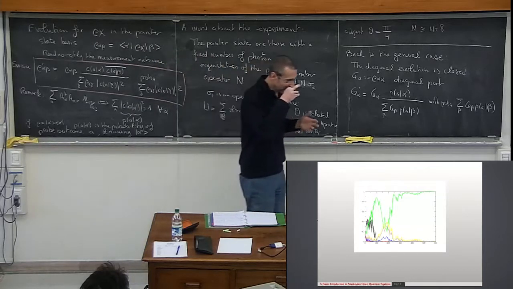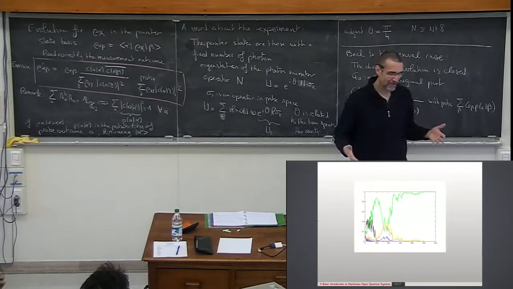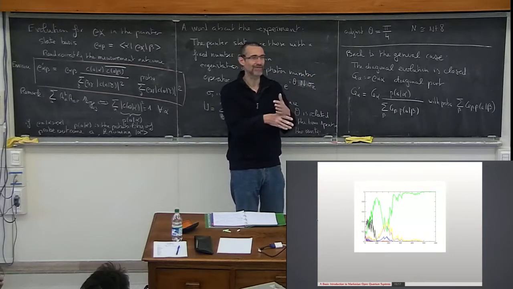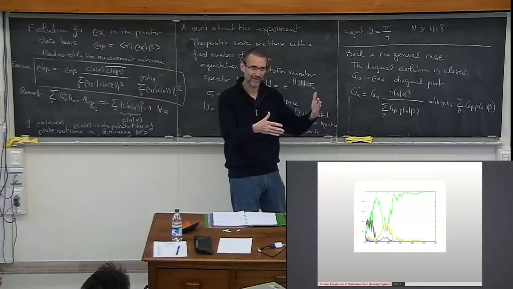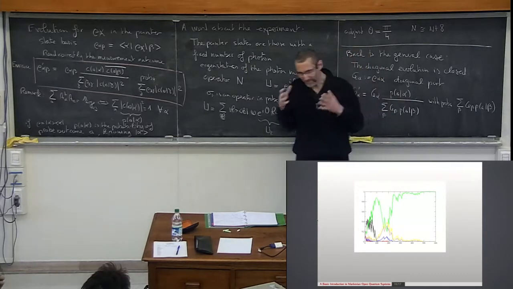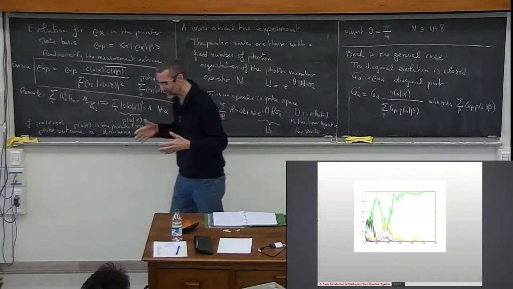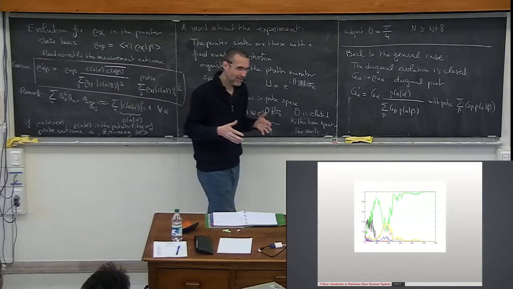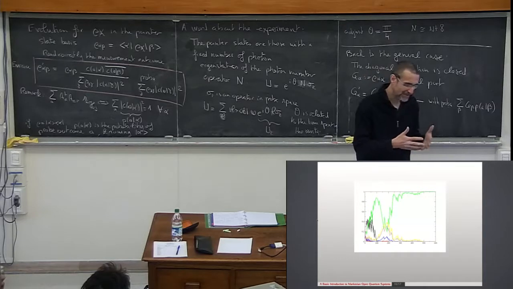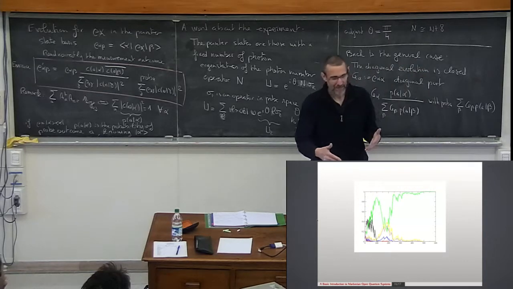Standard von Neumann measurements are supposed to be instantaneous, so you have something before, something after, and you have no idea what happens in between. These are really devices that allow you to see what happens if you do the measurement progressively, and to see things happen little by little.